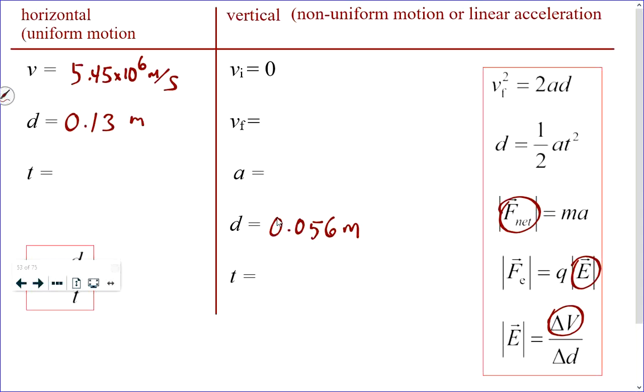If we knew the acceleration here, we could put the acceleration here, calculate the force, calculate the field, calculate the voltage. But we cannot find the acceleration knowing only two other kinematics descriptors. You always need to know 3 kinematics descriptors to find a fourth.